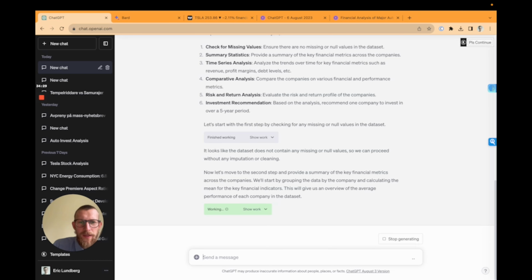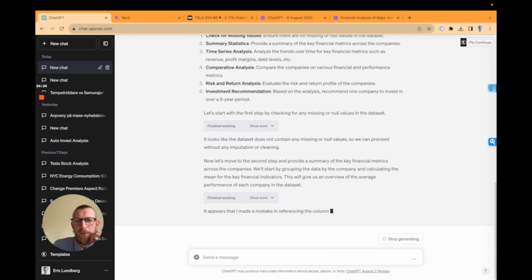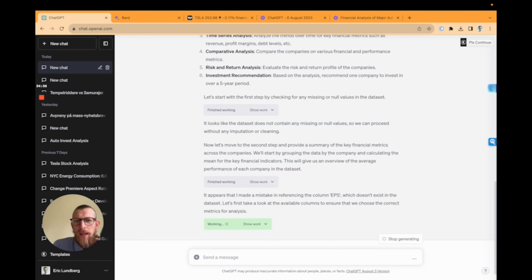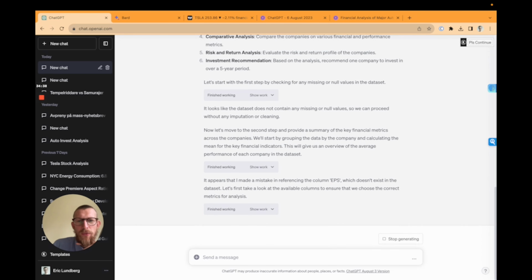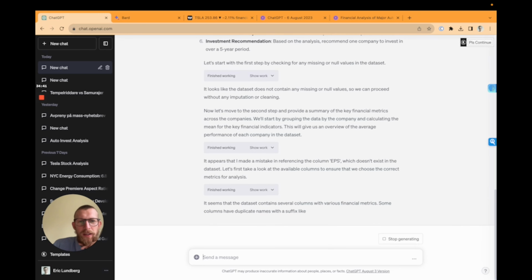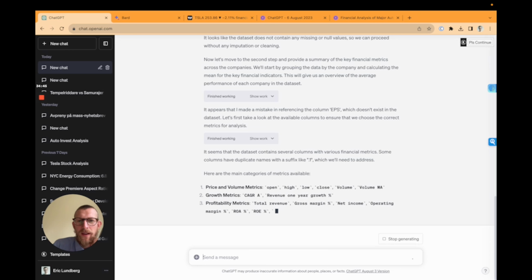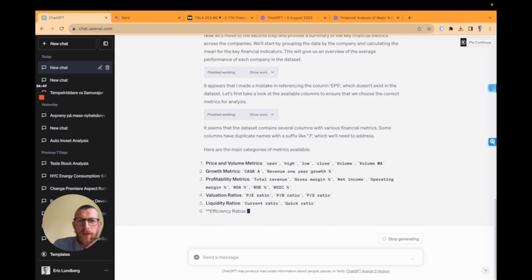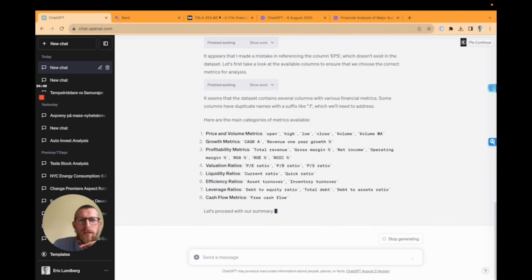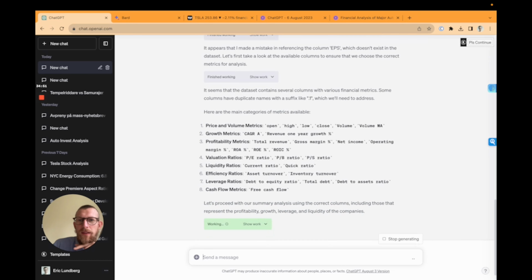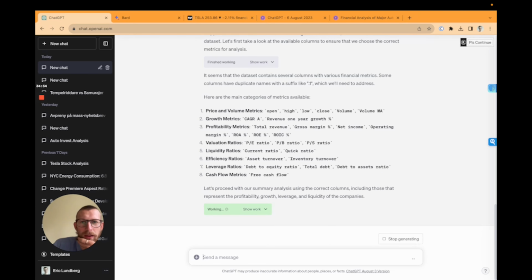It says the data does not contain any missing values or null values, so we can proceed without any imputing or cleaning. Let's move to the second step and provide a summary of the key financial metrics across the companies. It appears that I made a mistake in referring to the column EPS, which does not exist in the dataset. Well, it then lists all the metrics that it can refer to.